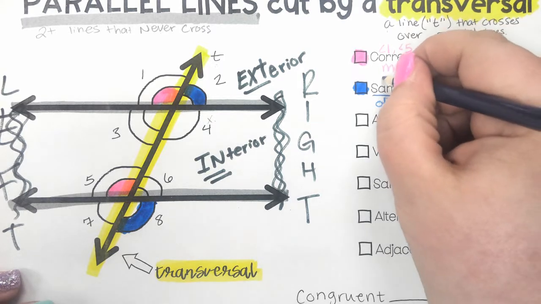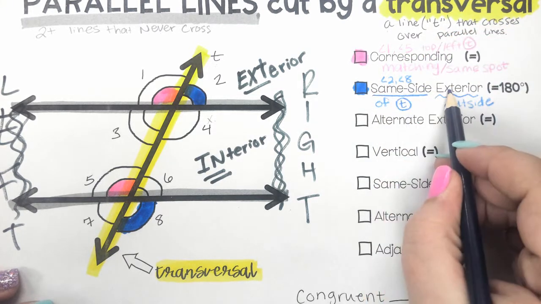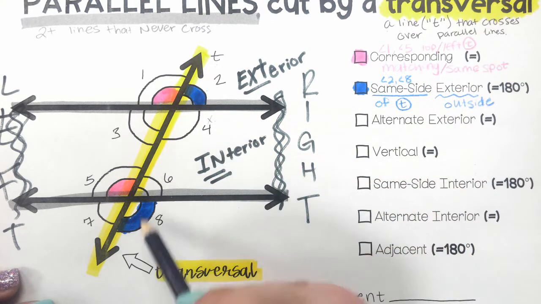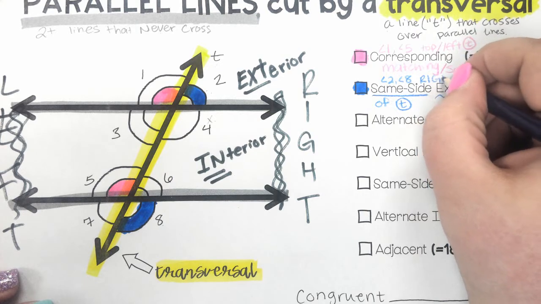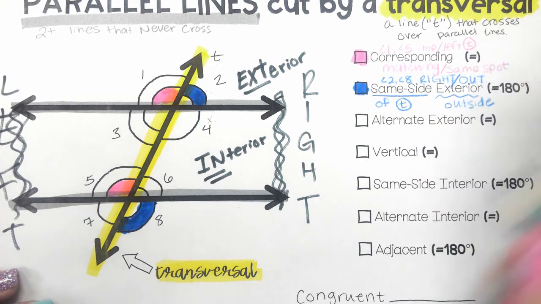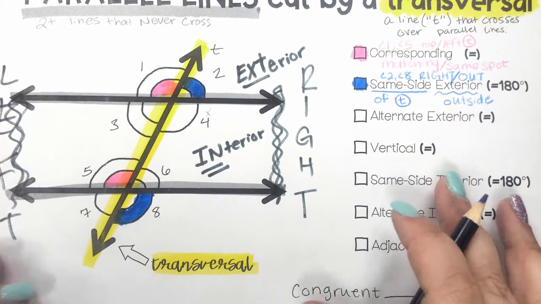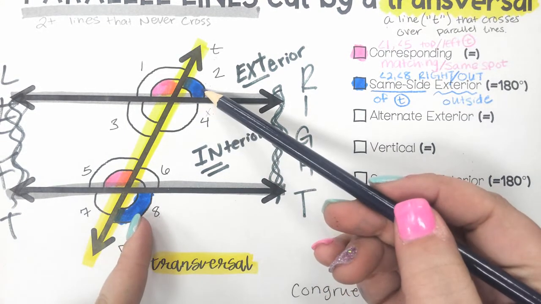So we can say that angle 2 and angle 8 are same side exterior because they were both on the right side and on the outside. They're right and out. So same side exterior angles only work with outside angles anyways. 2 and 8 are same side exterior.